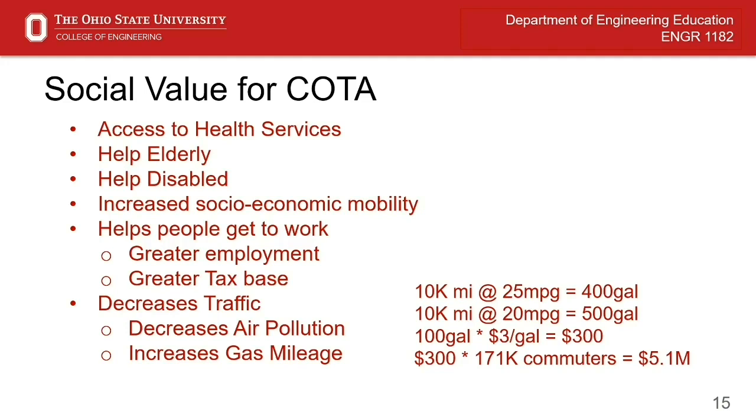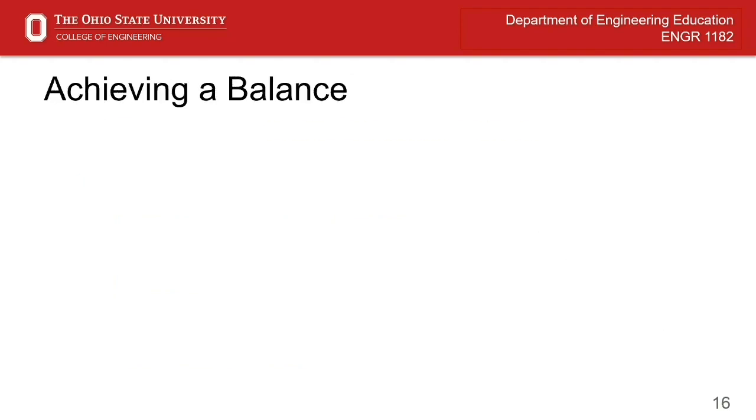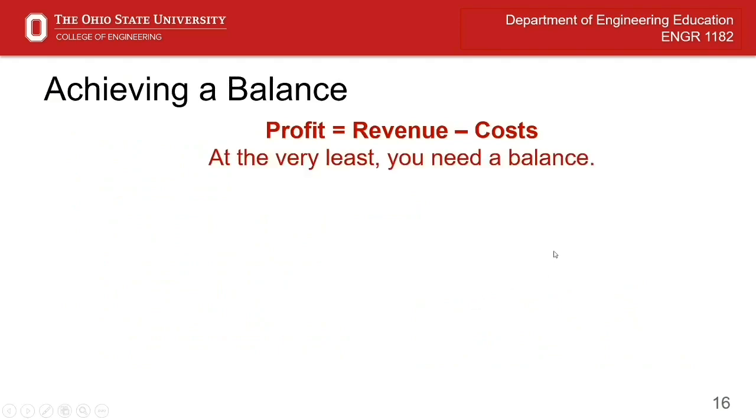If you were to upgrade the vehicle and make it more fuel efficient, how much money would you save? These are good ways to interpret social value into an economic, dollars kind of value.